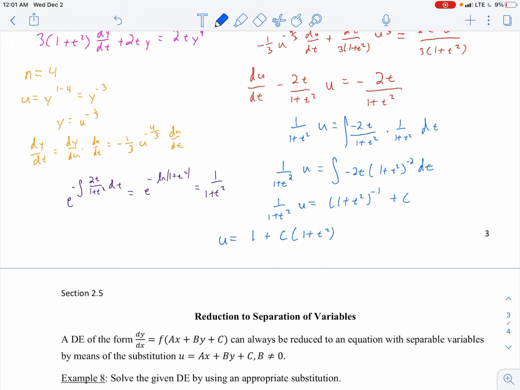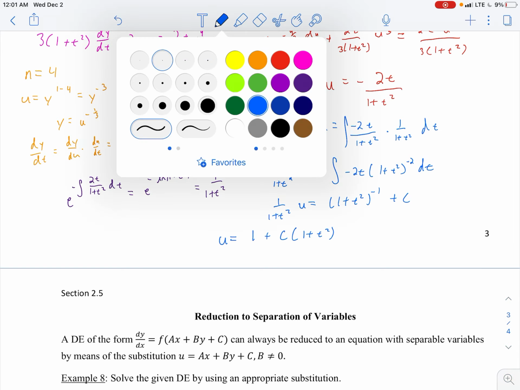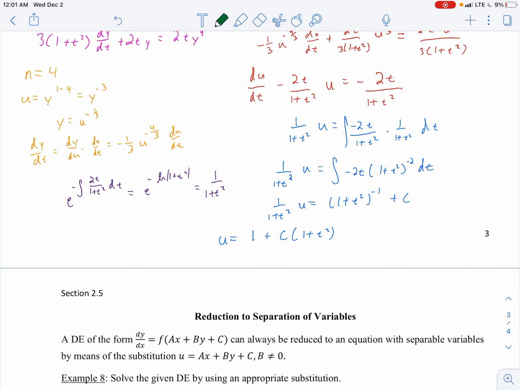Now I'm going to substitute in for what my u was, and my u is y to the negative 3rd power. So y to the negative 3rd power is equal to 1 plus c times 1 plus t squared. And you know what, let's just leave it that way. And we're finished.